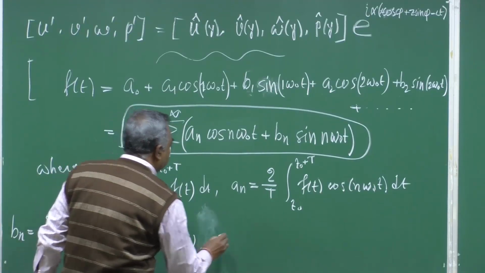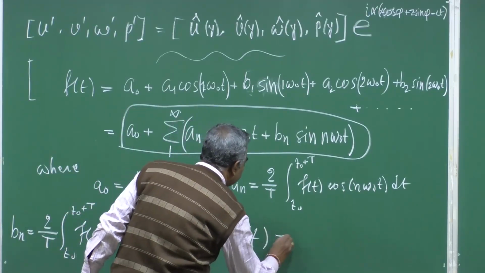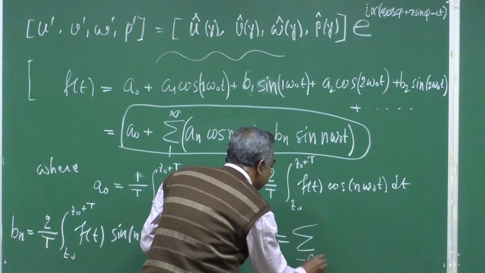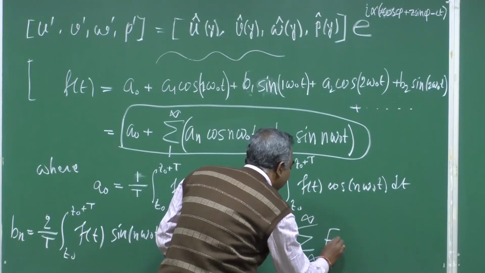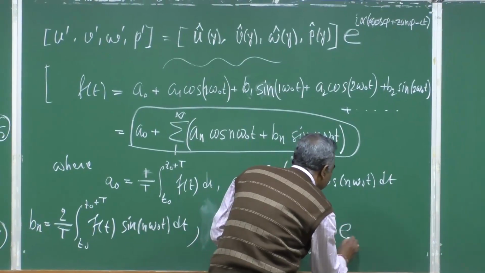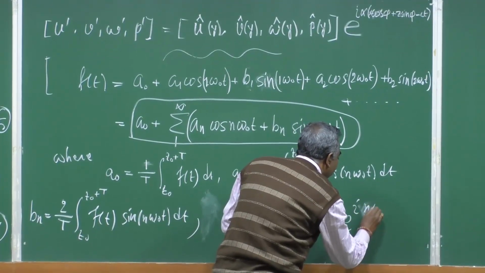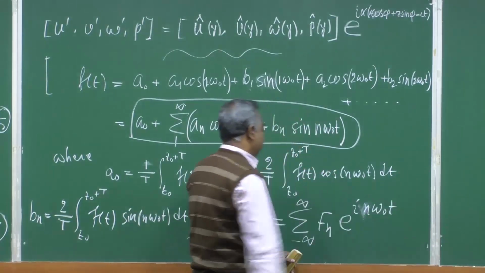So, this also can be written in terms of complex representation. We can write it as the sum from minus infinity to infinity of capital F n exponential i n omega naught t. Okay.